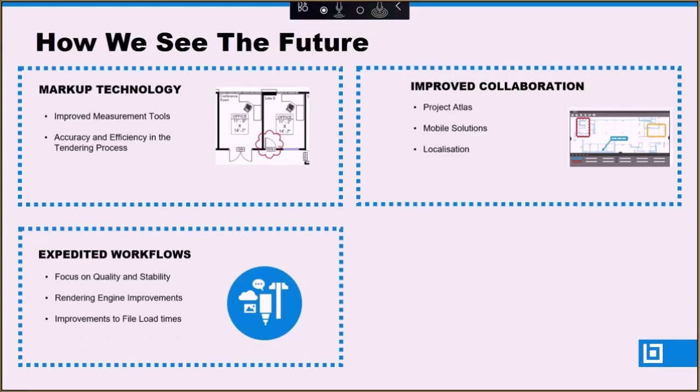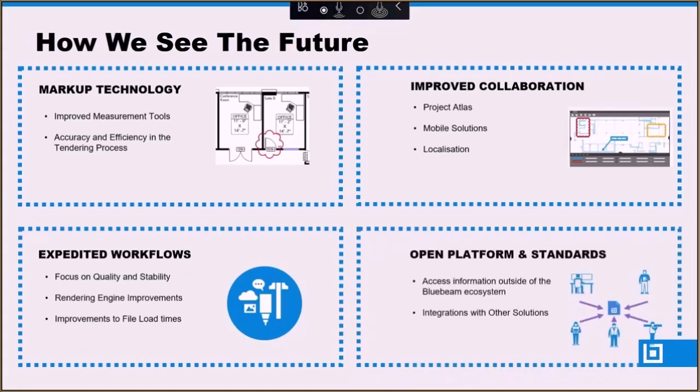In 2018 there was a lot of change, obviously to the user interface and the stability of the product, because we changed the entire code of Bluebeam Review so that it was more enabled for cloud computing for the future. In 2019 we're really focusing on the quality and stability of the product, and improving your file load time. So if you have an infrastructure drawing set with thousands and thousands of sheets, you should be able to navigate through that a lot quicker in future releases.